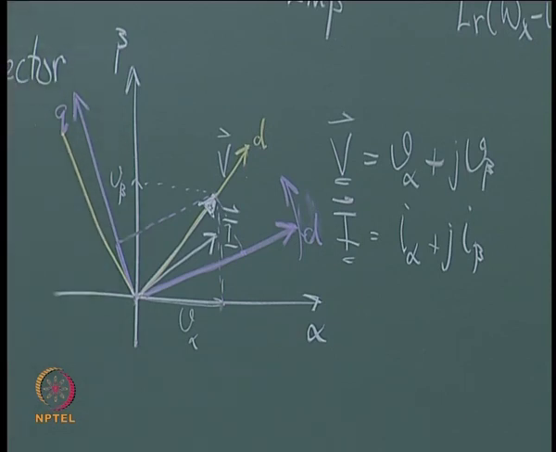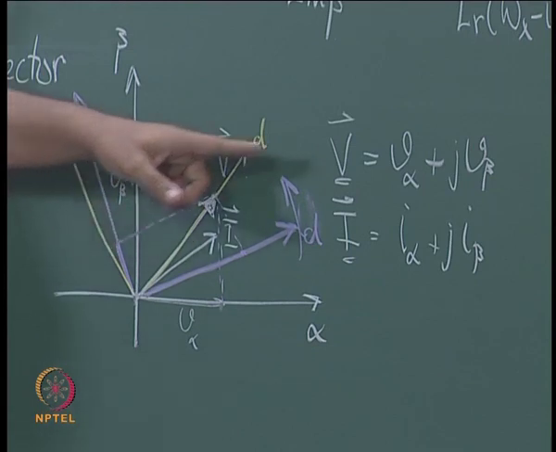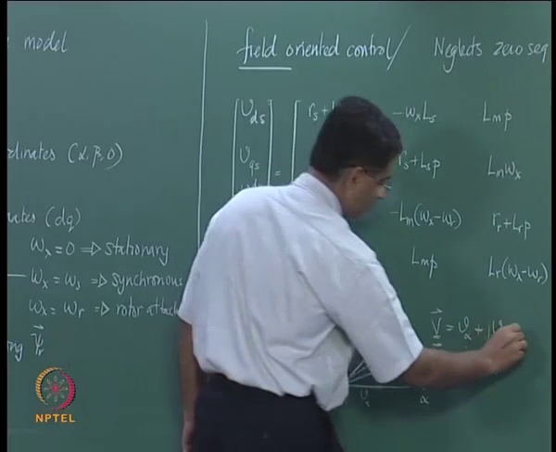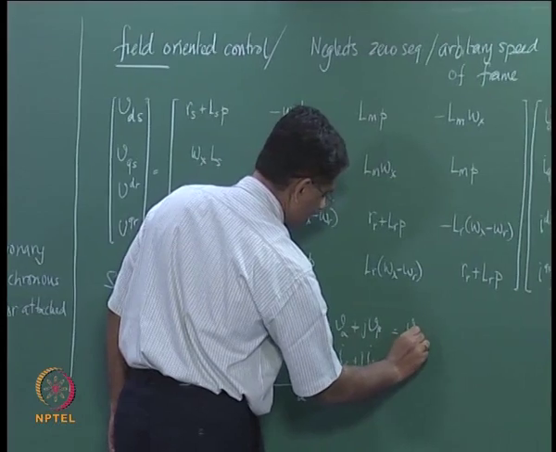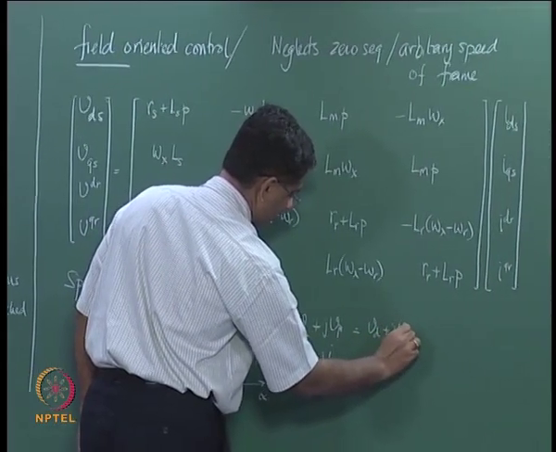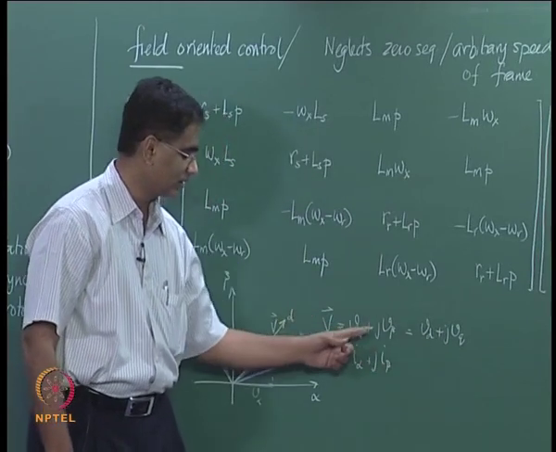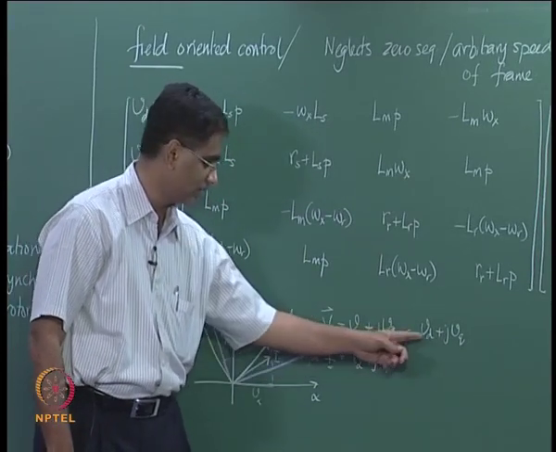How does one do that? So this vector, though we have written it as V alpha plus j V beta, suppose you are now going to look at it in the dq reference frame, can be written now as Vd plus j times Vq as well. Of course the d component is not the same as the alpha component.